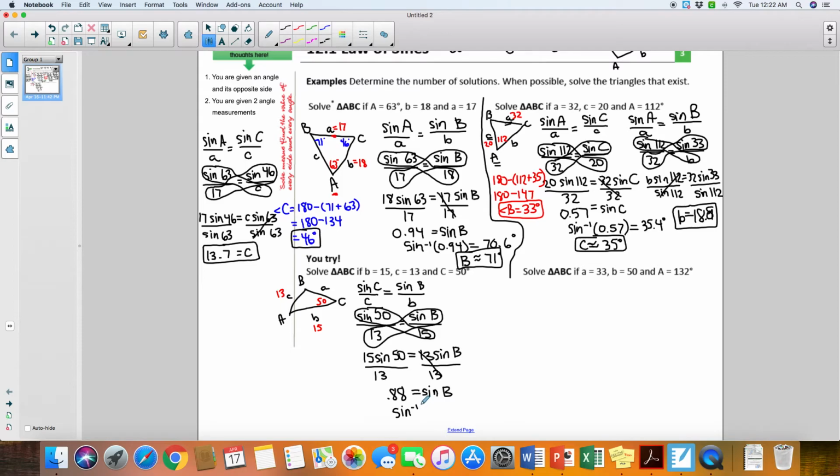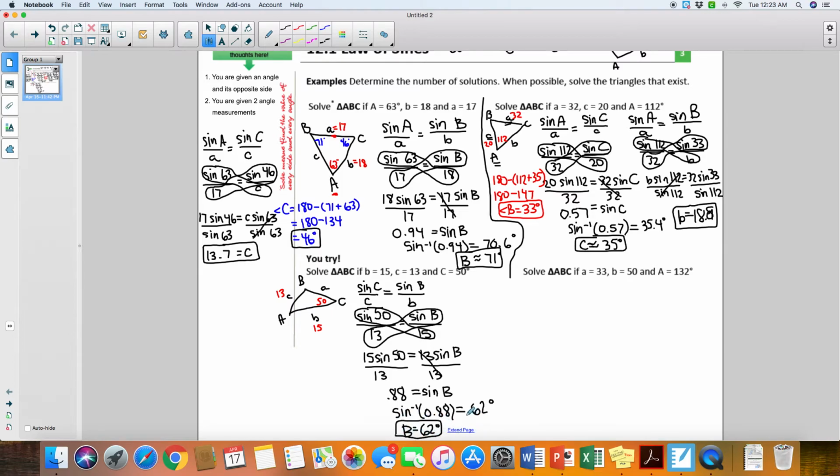So sine to the negative 1 of 0.88. And that would give you 62 degrees approximately. It's actually 62.1, but I am rounding. So B is 62.